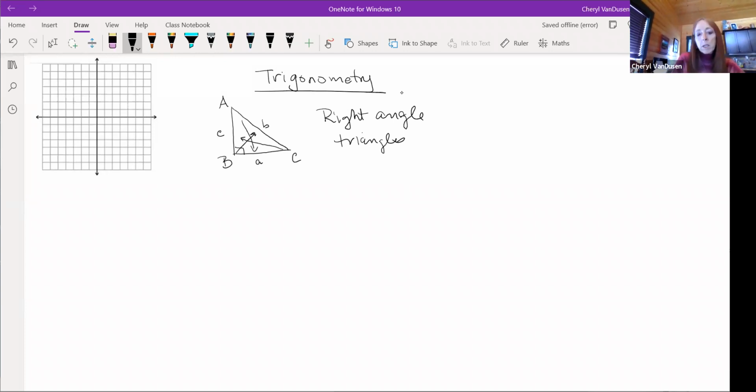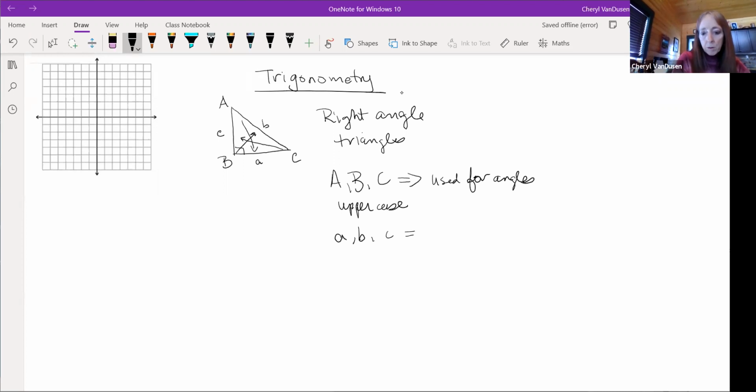You might just want to make a little note that A, B, and C, the uppercase, which you will see as you go through different references, are used for the angles. And then the lowercase a, b, c are used for the sides. We have to be careful here that they're directly across from each other.